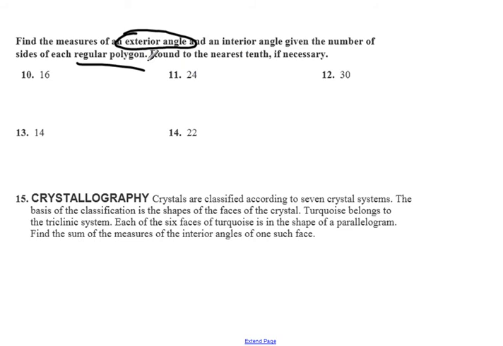So we know that the number of sides is 24, and all of the exterior angles have a sum of 360, and you have 24 exterior angles to divide that 360 by. So 360 divided by 24 is going to give us one of the exterior angles, and that equals 15.